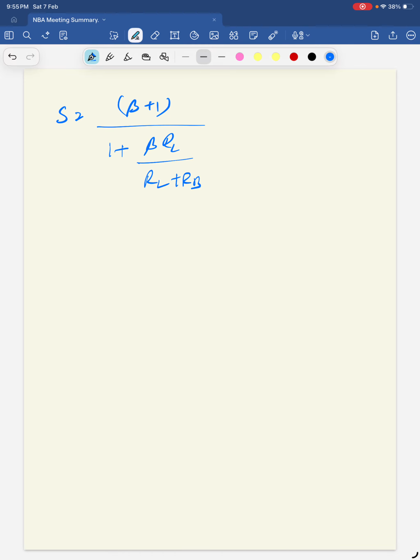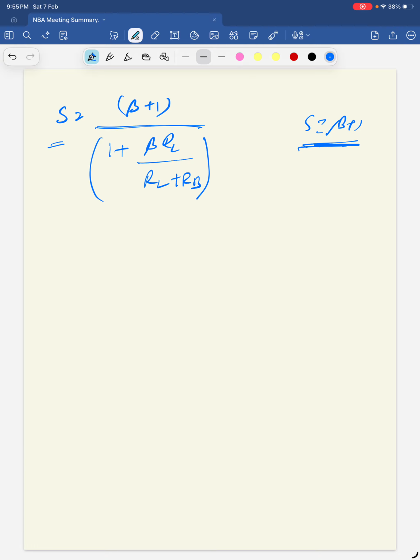Now in the fixed bias circuit, S was beta plus 1, but for collector to base bias it is beta plus 1 divided by a big factor. So that means in the collector to base bias circuit, the stability factor is less than in the fixed bias circuit.